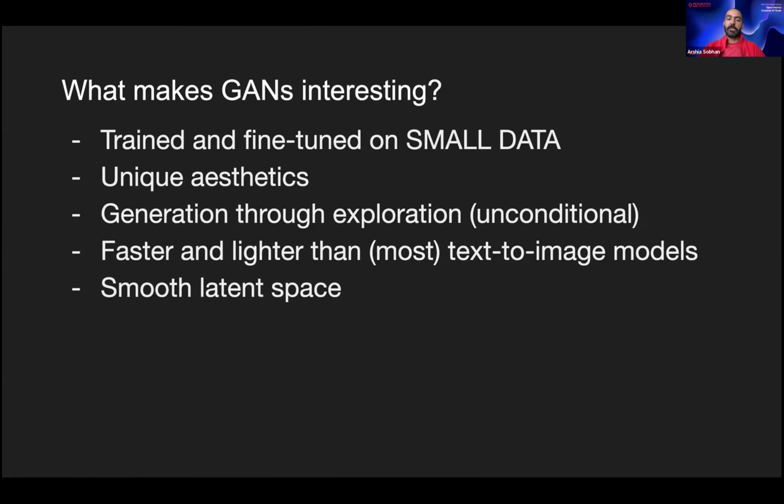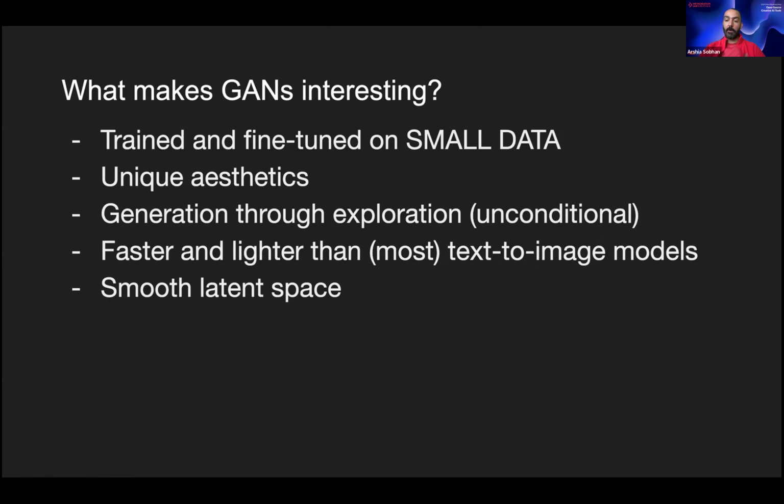The idea that generation happens through navigation and exploration, and it's not conditional, has shown to be a major strength in the sense that prompting has shown to limit certain creative intentions, or in some cases in our user study, it has shown to be a more intuitive way of interacting with the generative system. GANs are generally lighter and faster than most text-to-image generative systems.